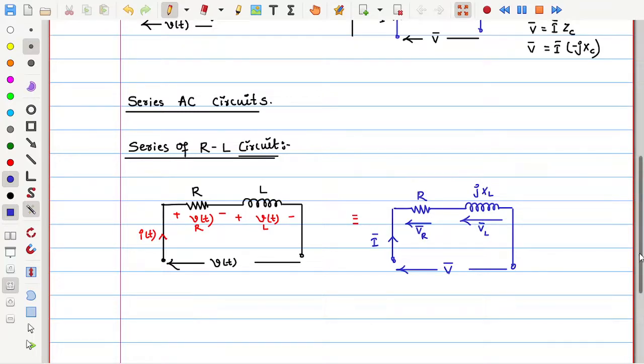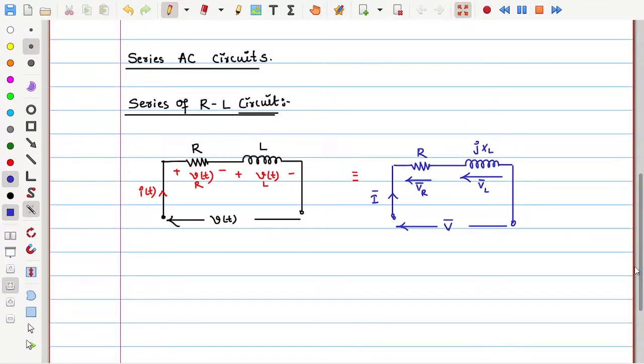Usually the generalized way of analysis is that whenever we take series circuits, for the series connected elements the current is the common parameter. See that I of t is the current passing through the resistor, which is the same for the inductor also. So in a series circuit the current is usually the common parameter, so we choose that current as the reference.